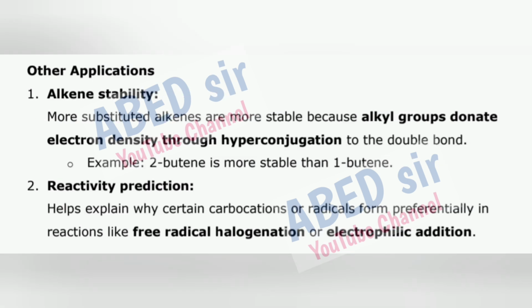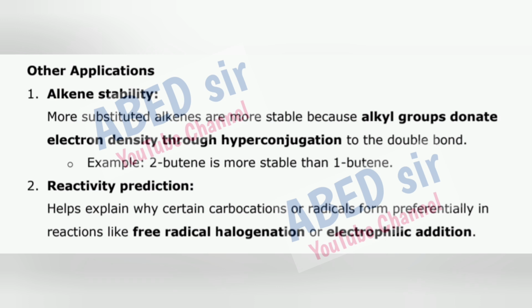Other applications. 1. Alkene stability. More substituted alkenes are more stable because alkyl groups donate electron density through hyperconjugation to the double bond. Example: 2-butene is more stable than 1-butene. 2. Reactivity prediction.